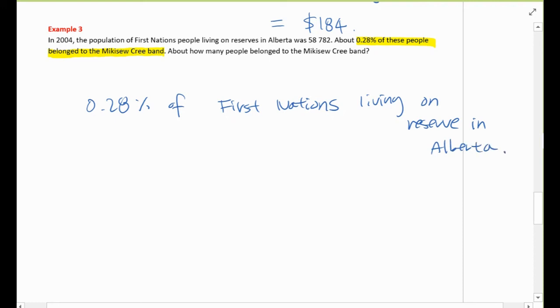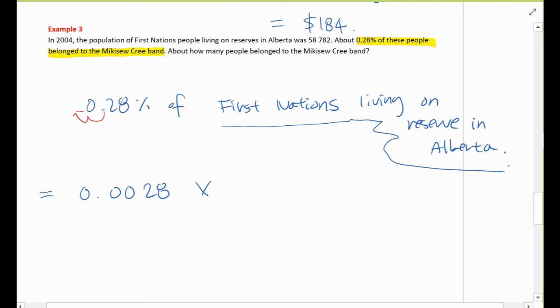Okay, so we're going to change this to a mathematical sentence. 0.28%, let's change this to a decimal number. Move 2 decimal places, and that is 0.0028. Of is multiplication. The number of First Nations people living on reserve in Alberta, how many are they? 58,782.